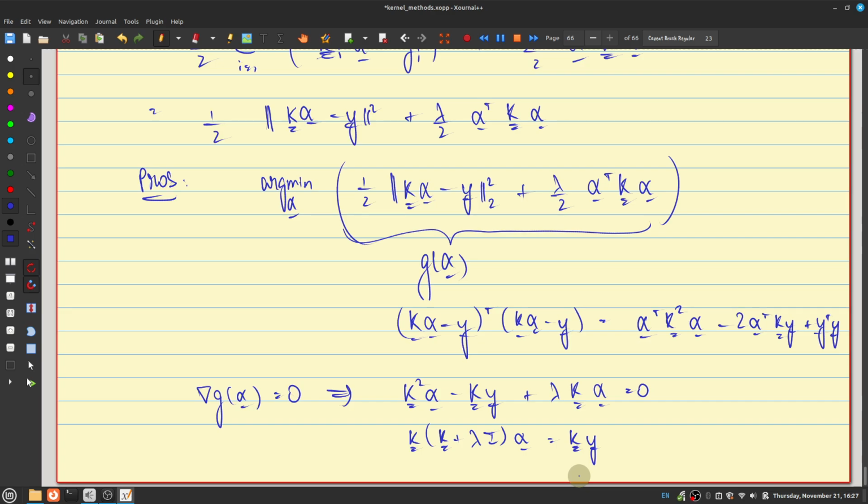But in any case, solving for alpha is the same as solving a set of linear equations. There may or may not be a unique solution to this, depending on whether these matrices are invertible or not.